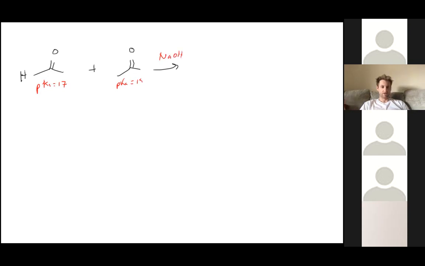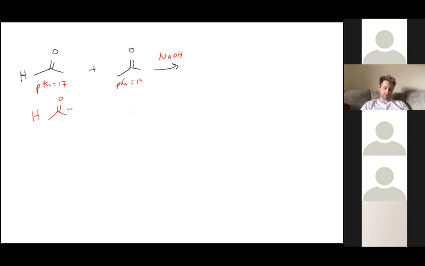Now when we add NaOH, we essentially only get the aldehyde enolate because it's 2 pKa units and it's logarithmic. Our ratio of these 2 enolates is going to be 100 to 1, which is a large enough number that we can essentially just forget about this side here.